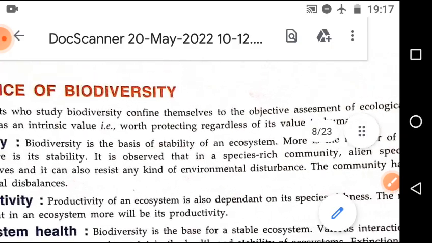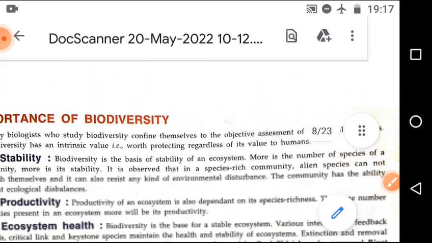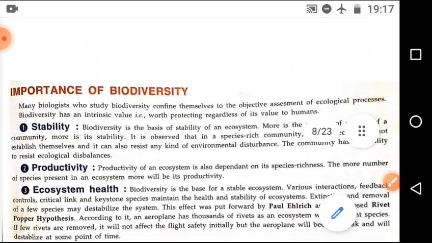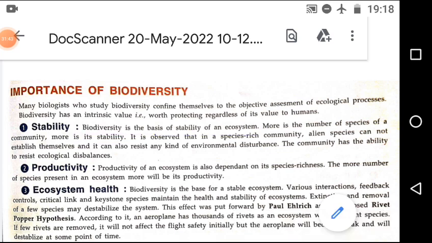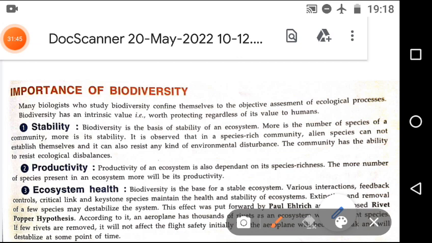So just remember very carefully, it is saying that biodiversity is the basis of stability of an ecosystem. Second line, it is saying more is the number of species of a community, more will be its stability. So if there is more species richness in a particular ecosystem, more will be the stability of that ecosystem, more will be the stability of the community.